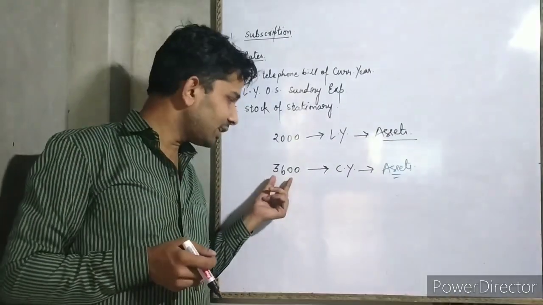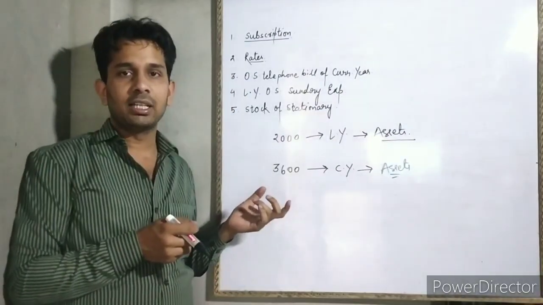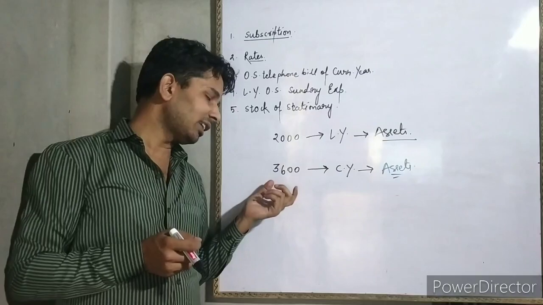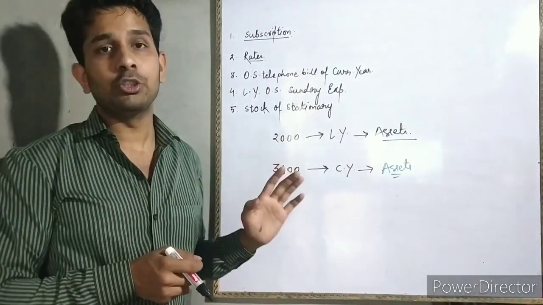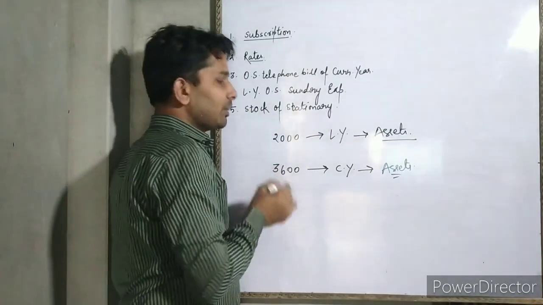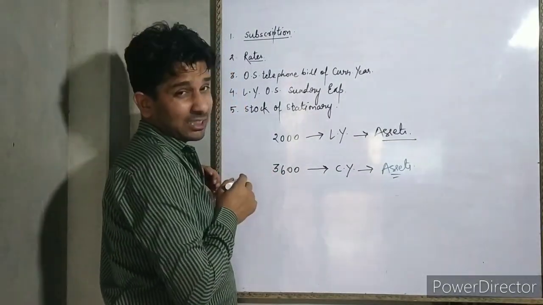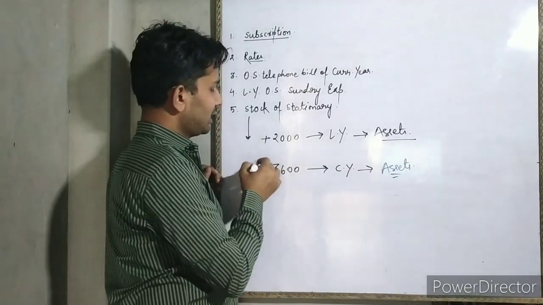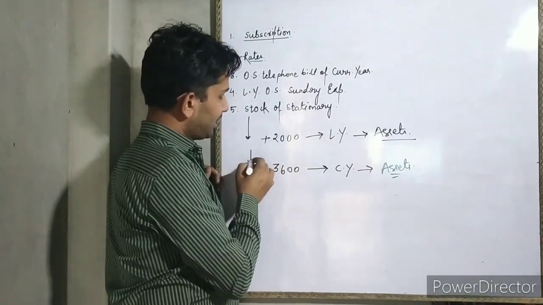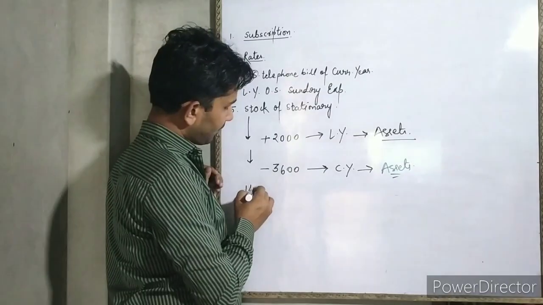But at last 3,600 remains. So out of 18,000, if 3,600 remains, it means 14,400 have been used during the year. So for the consumption, add opening, less closing, as I have mentioned.